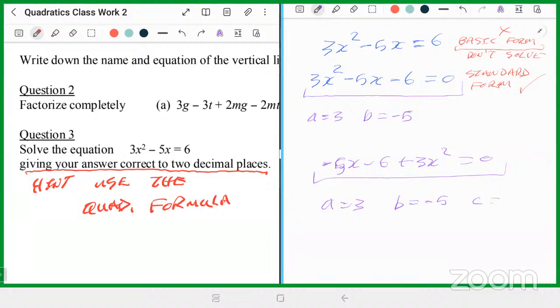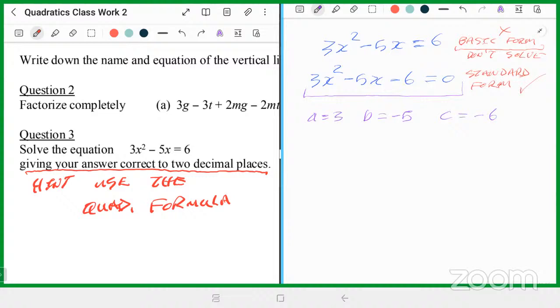And the C would still be negative 6, even though it appears second this time, because negative 6 is the constant term in the expression. So let us get that right. I saw somebody in the class messing that up, so I was taking the opportunity to remind us of that. B is negative 5 here, and C is negative 6.